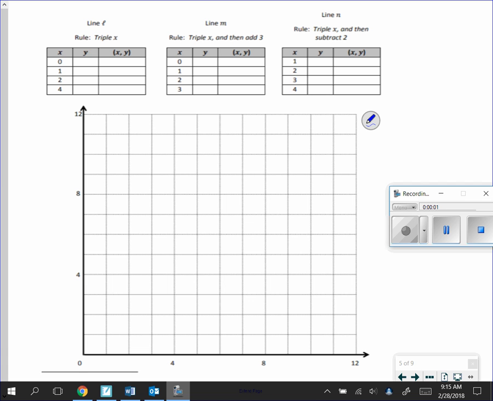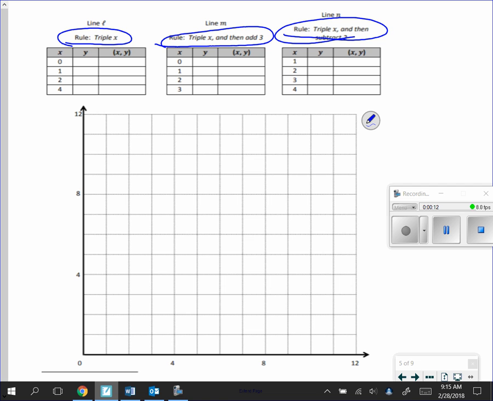First thing I want you to notice is we have these pattern rules right here. Oops, I wrote on that one. Okay, so the first one is triple x.